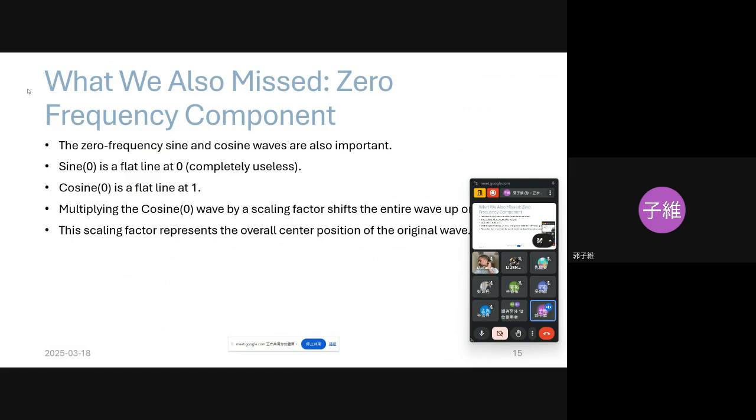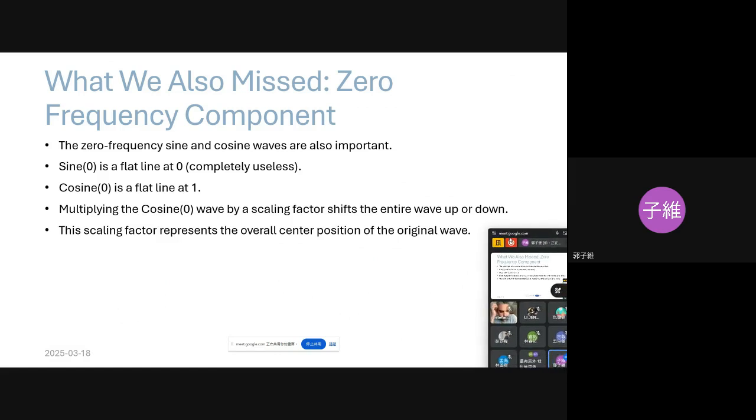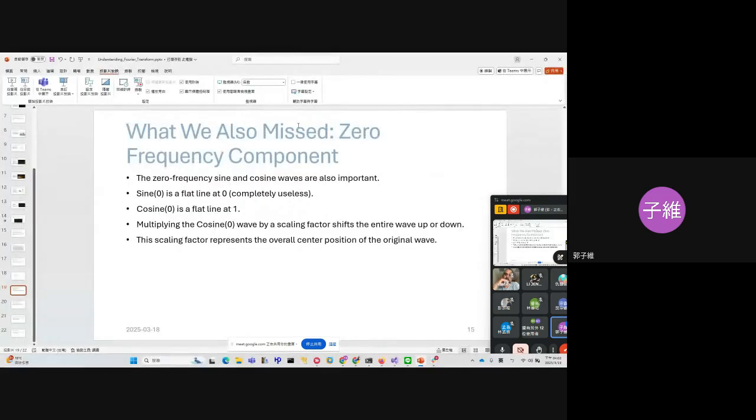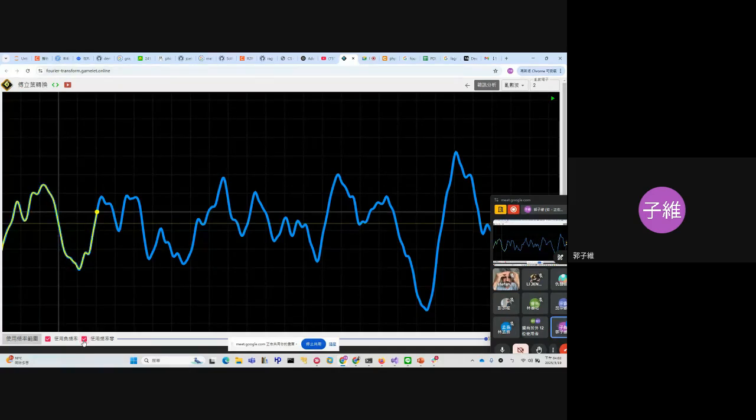Cosine of 0 is a flat line at 1. And multiplying the cosine 0 wave by a scaling factor shifts the entire waveform up or down. This scaling factor represents the overall center position of the original waveform. Here we can use the zero frequency, and here we get the original waveform.